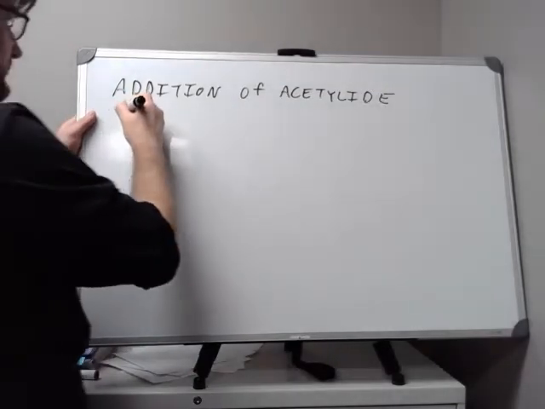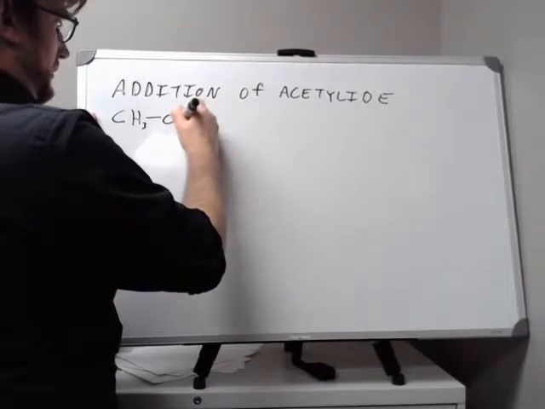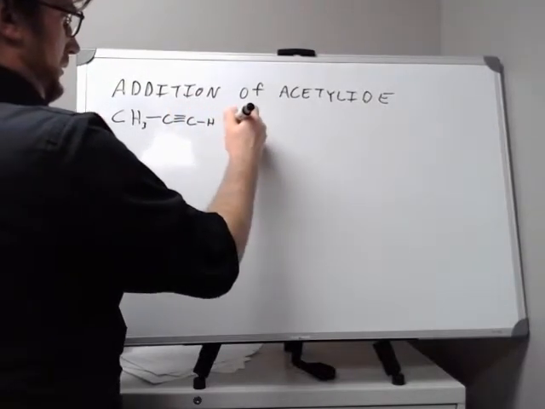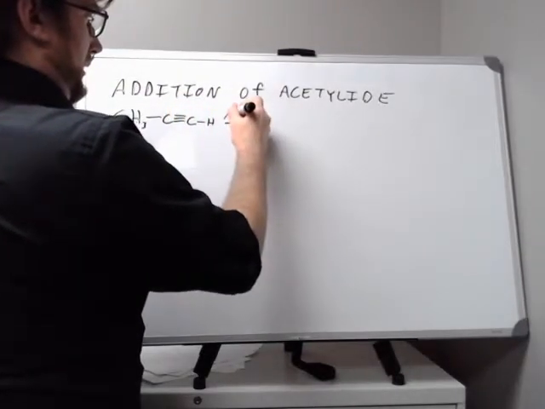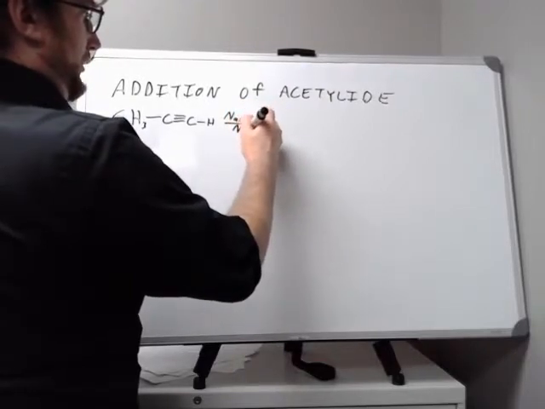Now, of course, we've already seen how we can take a terminal alkyne, convert that to an acetylide ion using sodium amide in liquid ammonia.